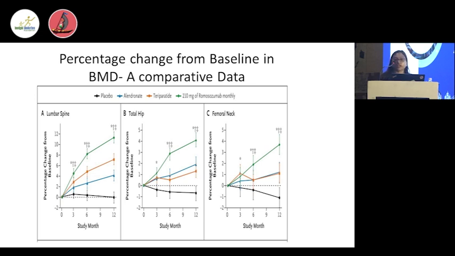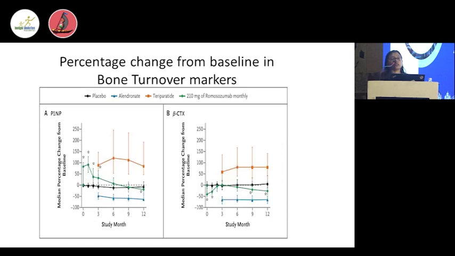Now, clinical studies have shown that even with a single dose, it can improve the bone densitometry at the level of the spine as well as at the level of the hip. As you can see here, these are the different doses of romosozumab given, compared to placebo therapy, and you can see that there was a significant increase in the BMD at both the spine and the hip at the different doses.